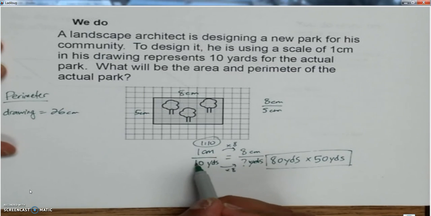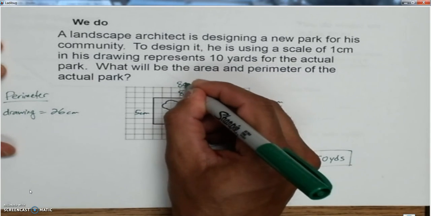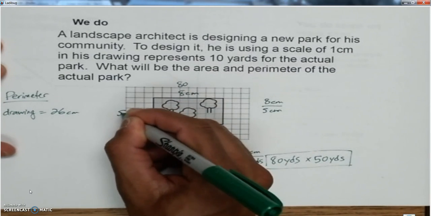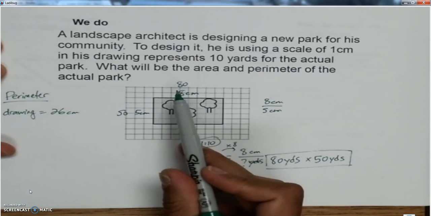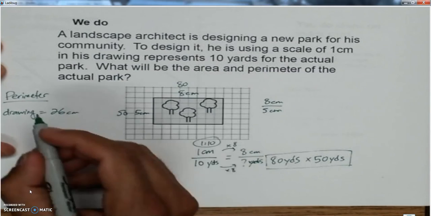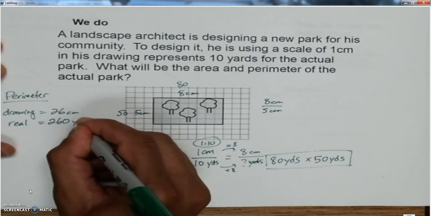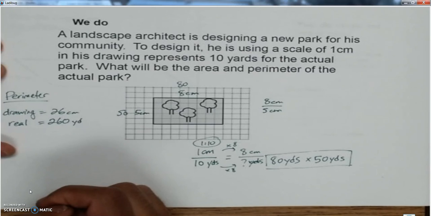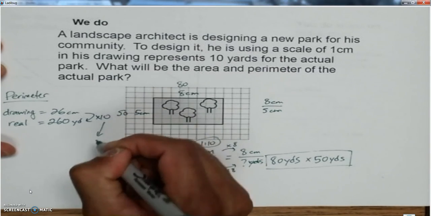To get from 1 to 10, I just go by 10. And when I check my real one, it would be 80 and 50, so 80 plus 80 plus 50 plus 50. That'd be 160 plus 100. So the real park would be a 260-yard perimeter. And you'll notice that does follow the scale factor.